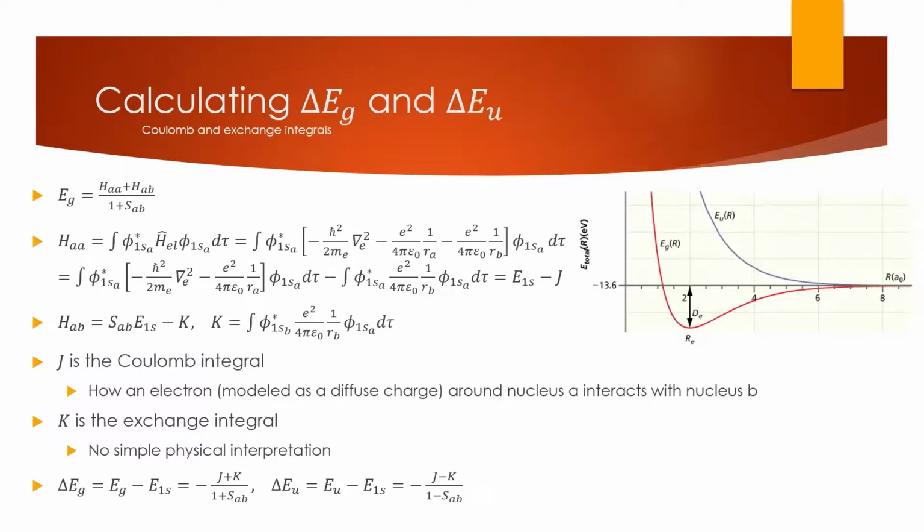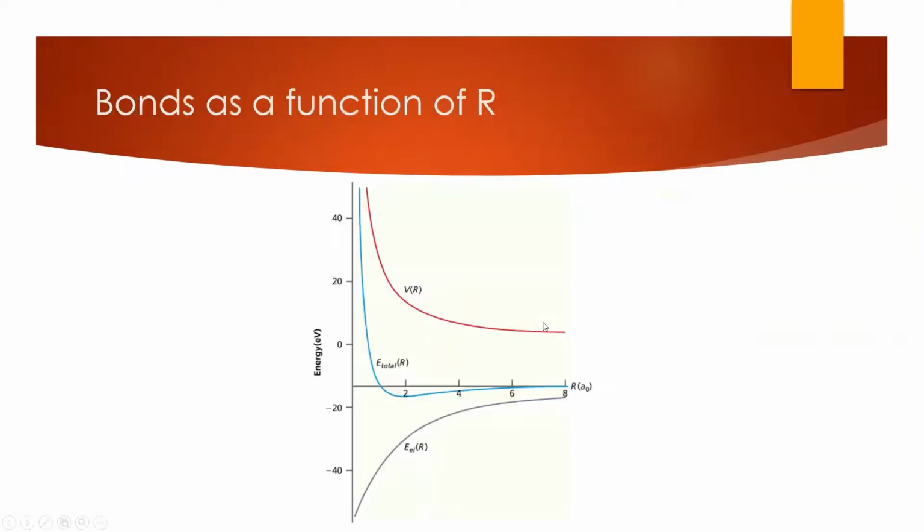Despite the simple assumptions made in this model, the predicted energies that we get, so this sort of stabilization here, as well as the bond length, are actually pretty close to the observed value, suggesting that these approximations aren't too catastrophically bad. We can see what this looks like if we compare the electronic functions as well as the potential.